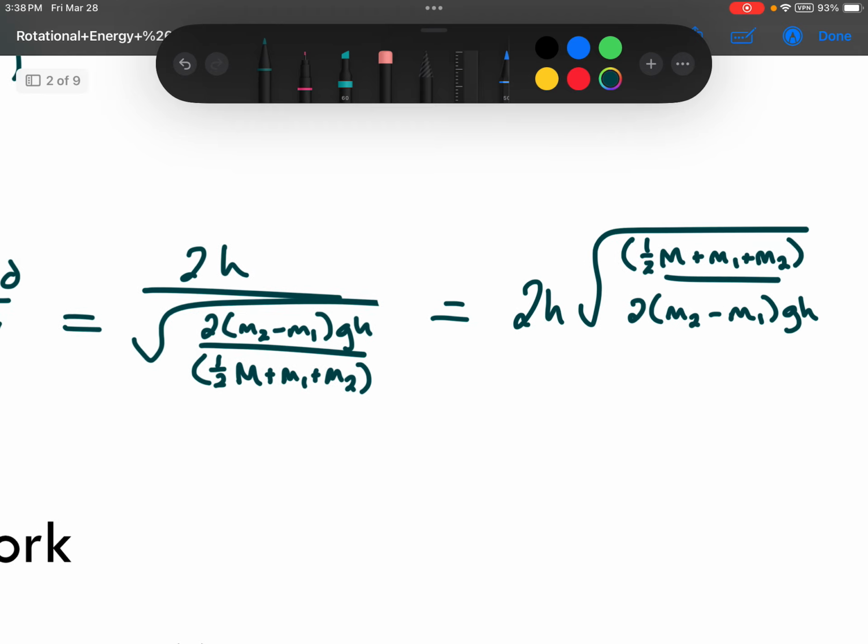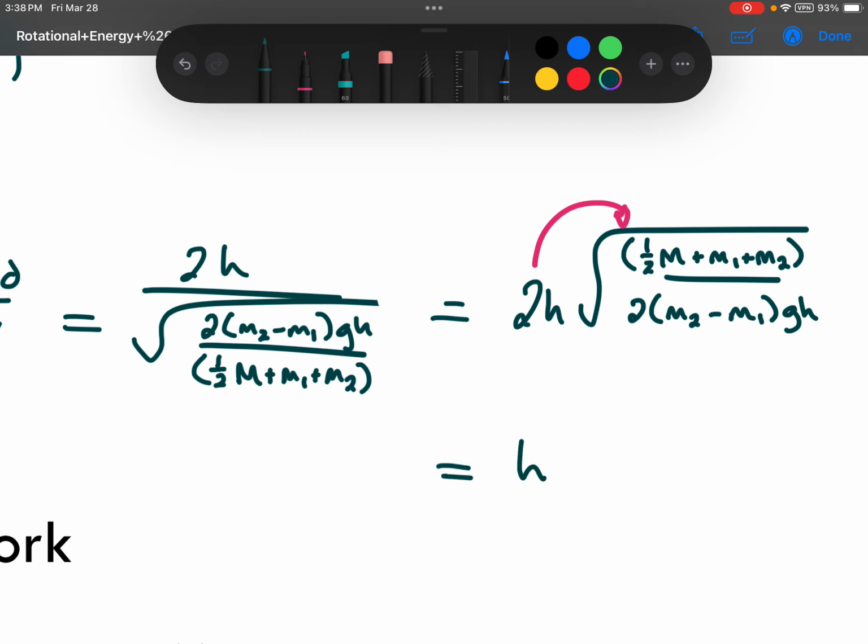And already that looks a little better. The other thing we can do is move this 2 back inside the square root. To do that, make sure you do square that value, and then it'll simplify some of the coefficients we have.